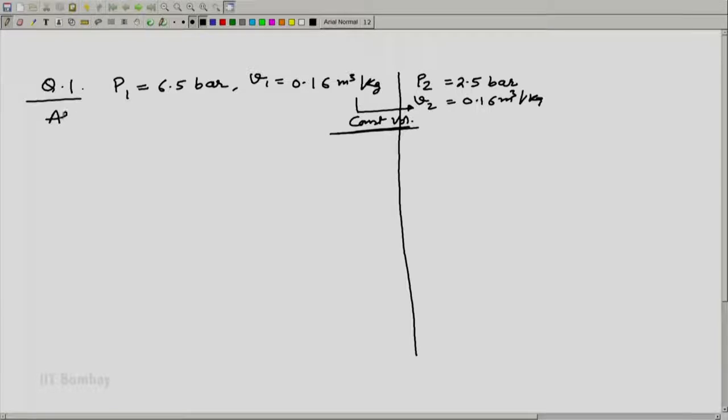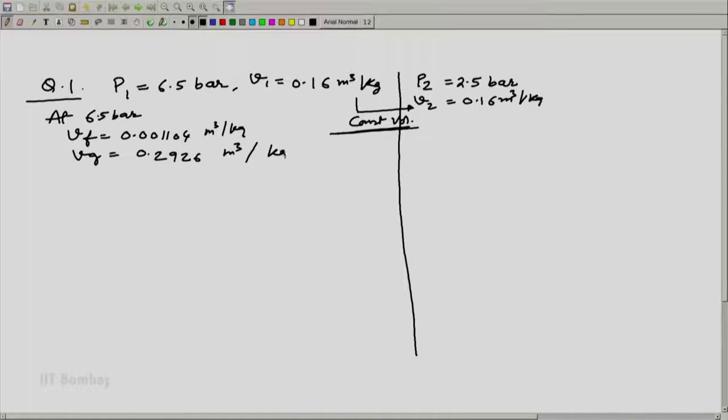As I said, we will interpolate the values for 0.64 and 0.66 MPa, and I will directly write the values for 0.65 MPa here. So at 6.5 bar, I will get Vf equal to 0.001104 meter cube per kg, and Vg equal to 0.2926 meter cube per kg.